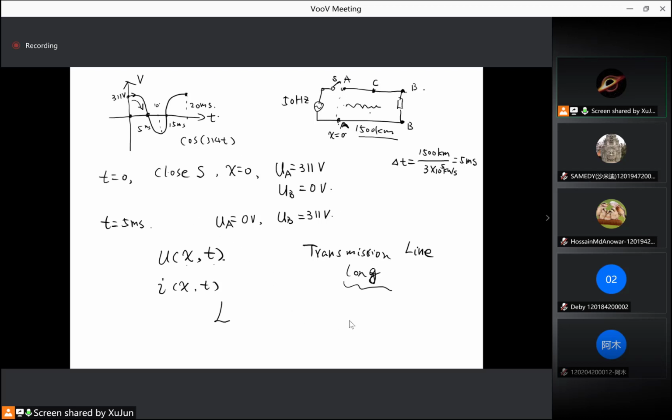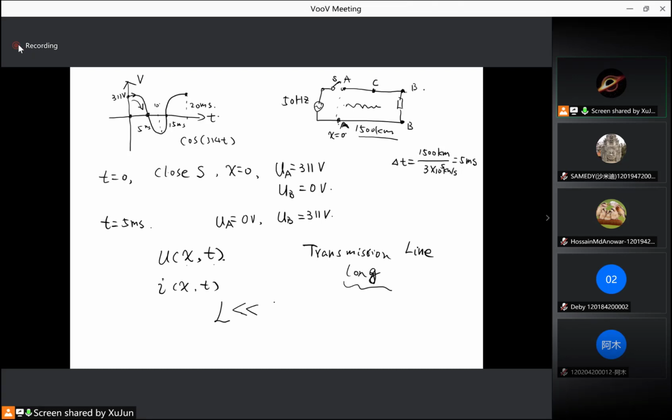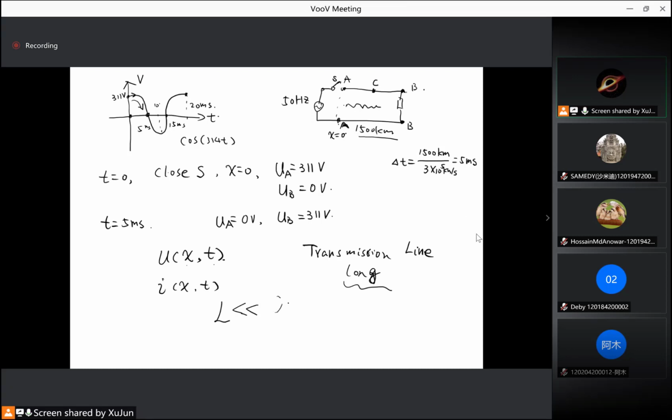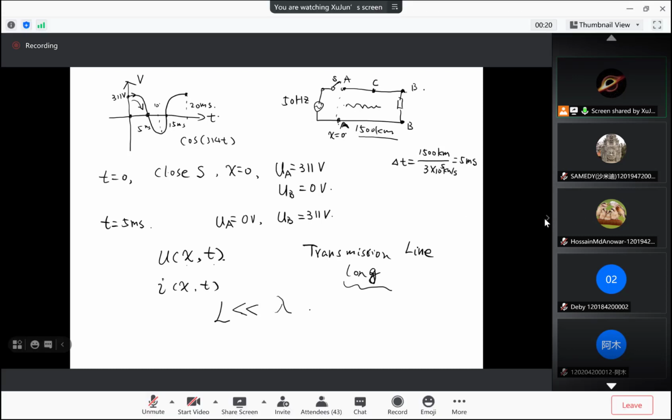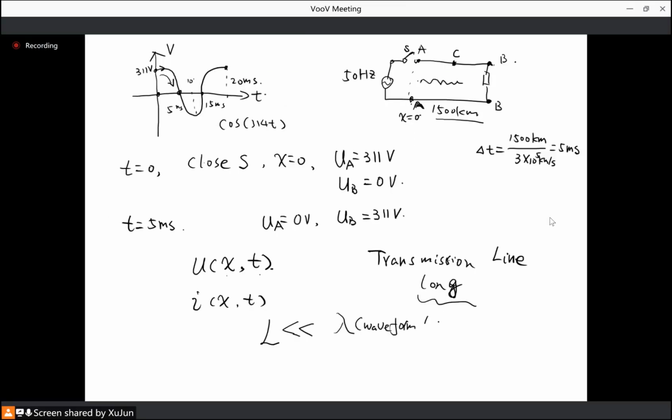If the dimension of the transmission line matches this wavelength, we use lambda to express the wavelength. How do we calculate this lambda?